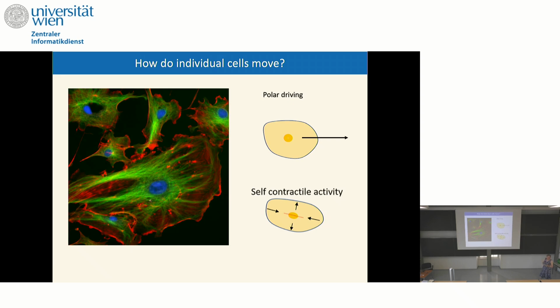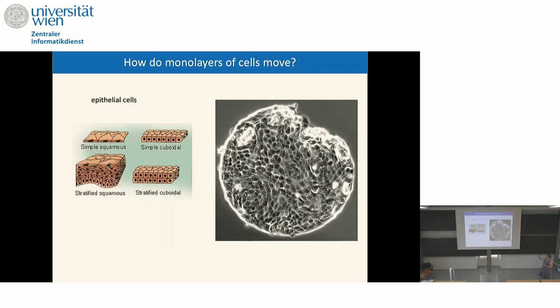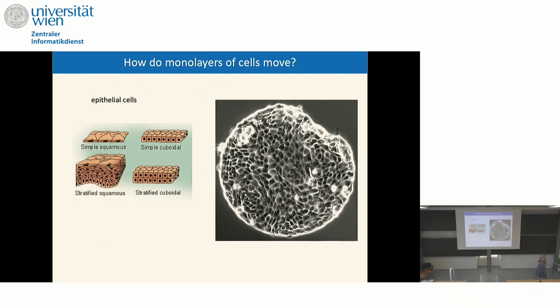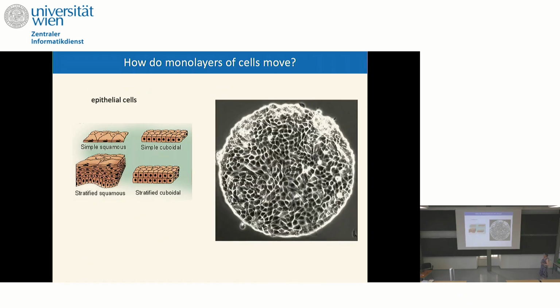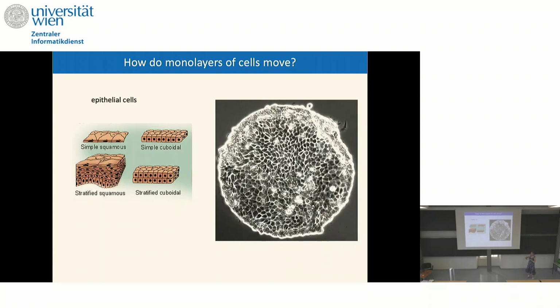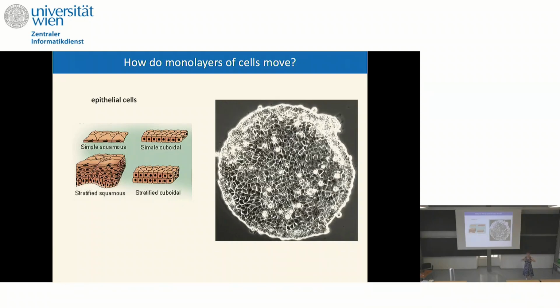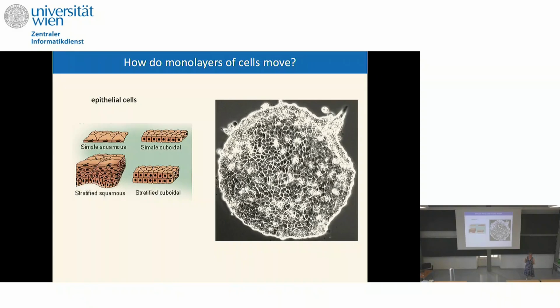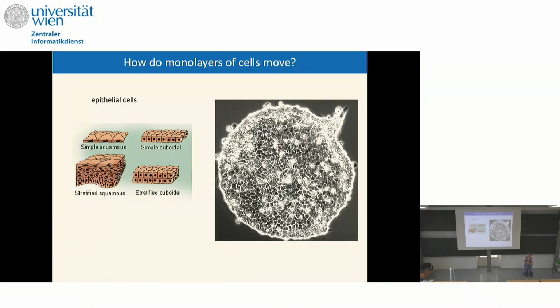If we want this sort of level of description now for layers of epithelial cells, both those taken out of the body and put on a substrate, and also those eventually which are moving inside the body. And the sort of cells I'm going to think about are these epithelial cells, which Rasko told you about.